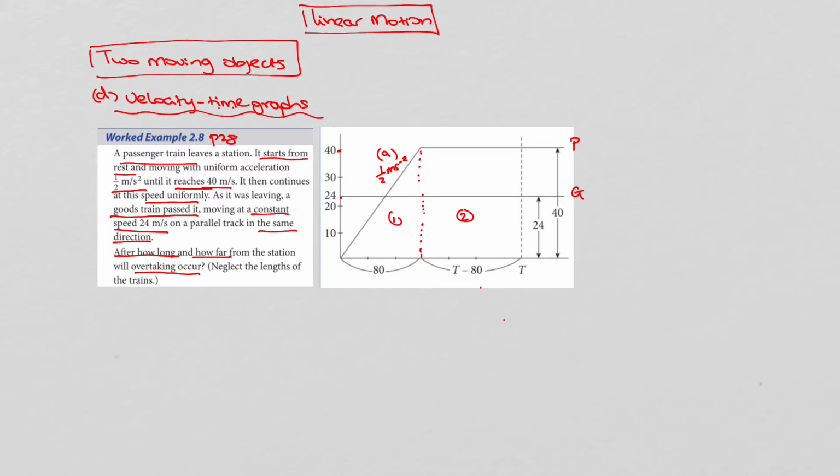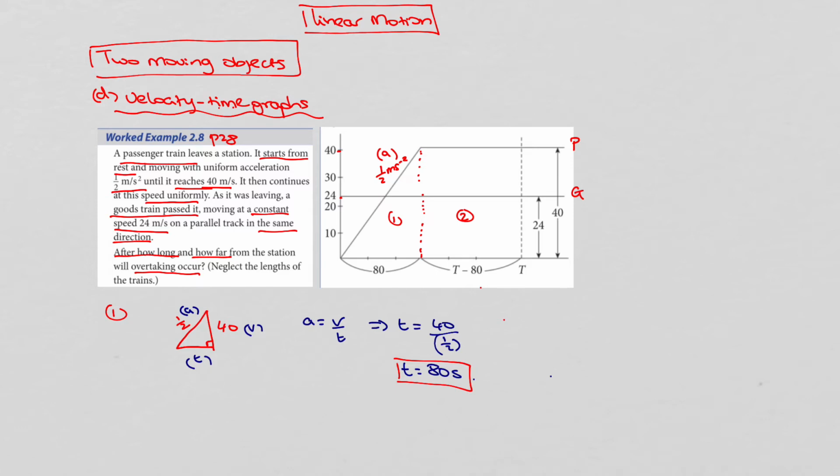In stage 1, it reaches a velocity of 40, an acceleration of 0.5. So we have V and we have A, and therefore T we can work out. A is equal to V over T. Therefore T is equal to V, which is 40, divided by the acceleration, which is 0.5. And therefore it is accelerating for the first 80 seconds of the journey.